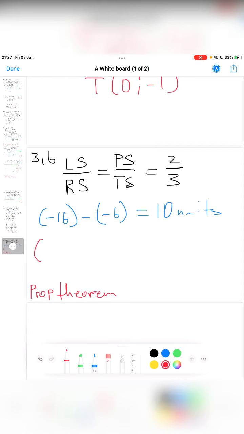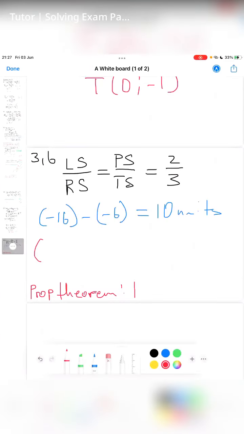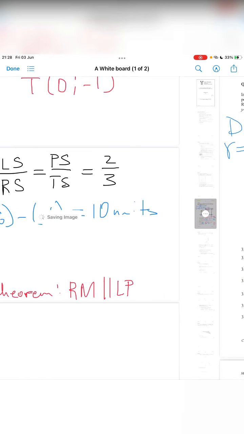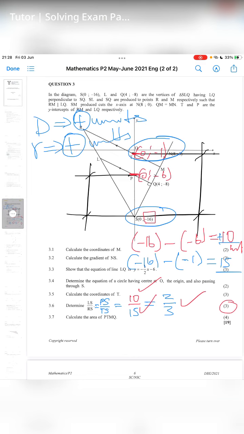So, in short, we are saying we know that RM is parallel to LP. Let me just quickly check if what I'm saying is right. RM is parallel to RT, which is parallel to LP, yes.